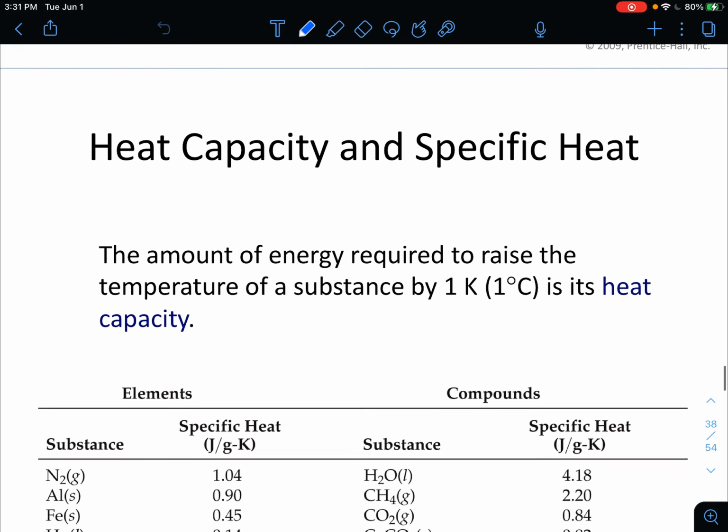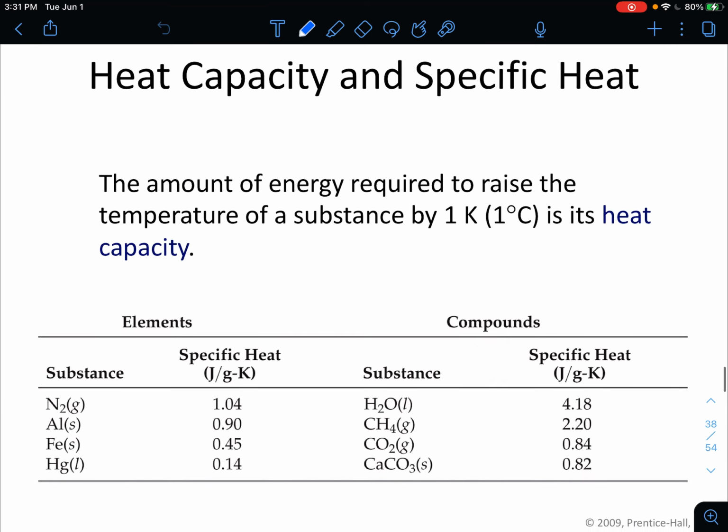So we want to define the terms heat capacity and specific heat. These two terms are different, but we're mostly interested in talking about specific heat, which also gets called specific heat capacity. When we talk about heat capacity, that's a more general term.